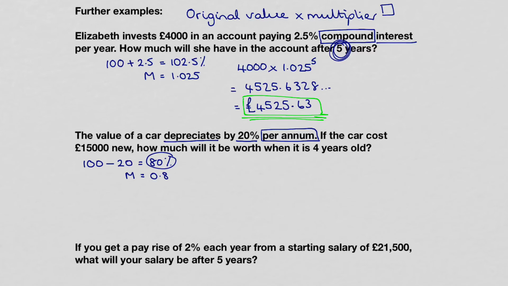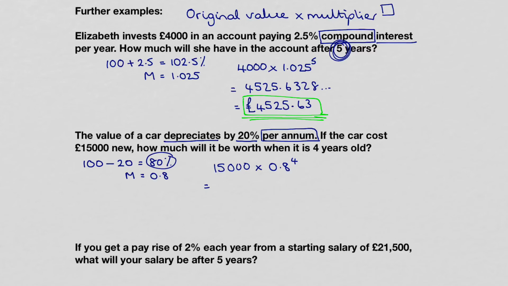Okay, so to work out the car's value after 4 years is our original value of £15,000 times our multiplier, which is 0.8, and the power is 4 because this percentage reduction has happened each year for 4 years.